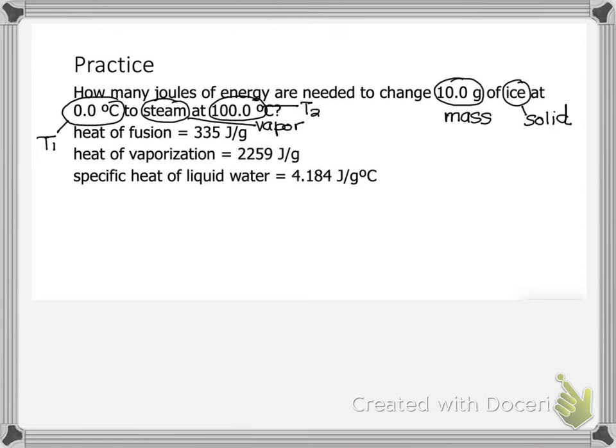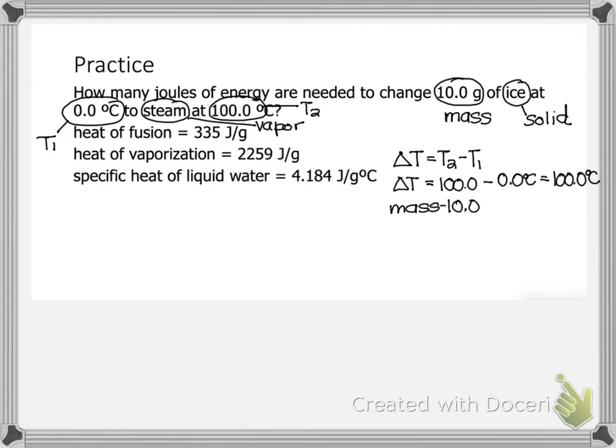So I see I do know a change in temperature that I'm going to have. So I'm going to end up at 100, and I'm going to start at 0, so that would be 100 degrees Celsius is my change in temperature. I know the mass is 10 grams. And I know I'm starting at a solid and I'm ending at a vapor.